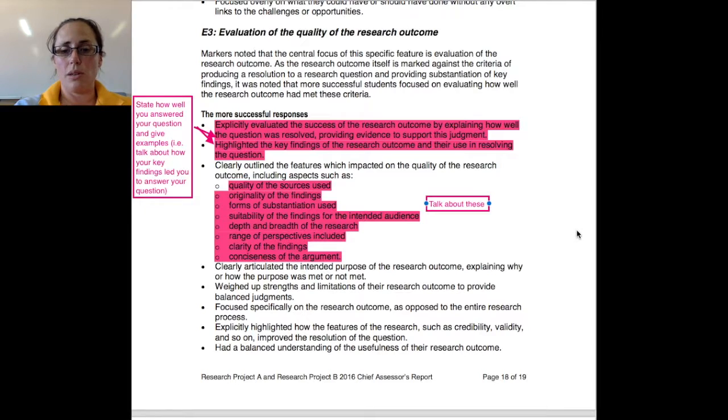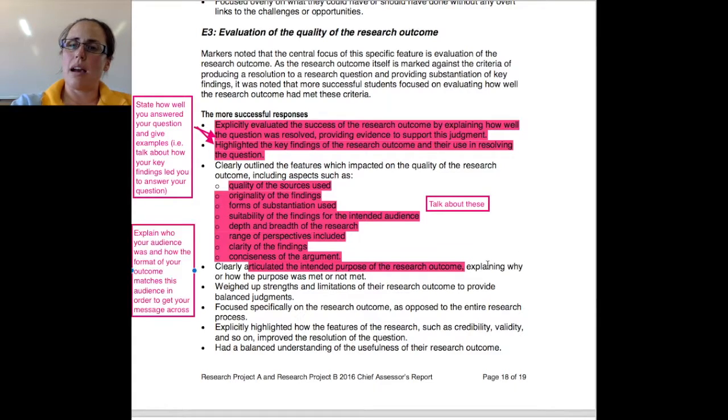So have a look at those dot points that are currently on the screen. The one that says talk about these next to it, make sure you talk about them. You talk about in this section who your audience was that you're directing it at and how successful you were in creating an outcome that was appropriate for that audience or attractive to that audience. Remember, depending on your question, your audience is different.